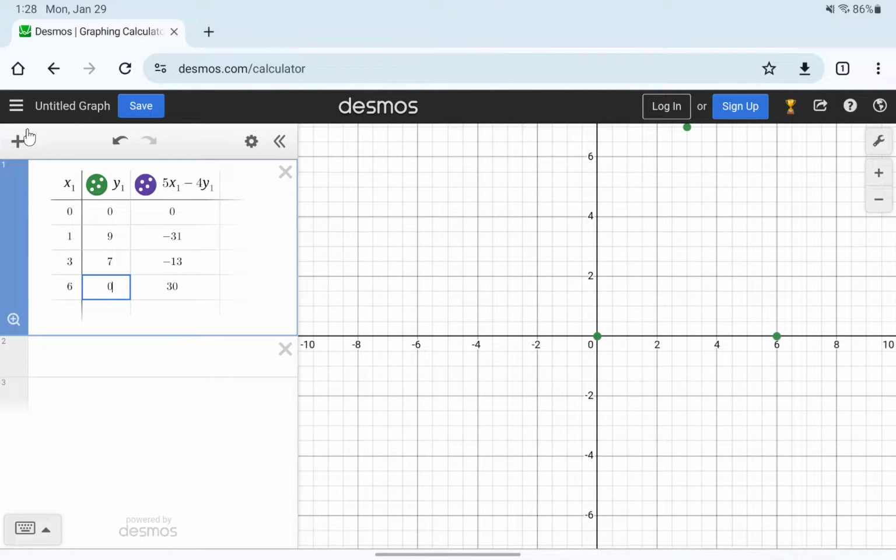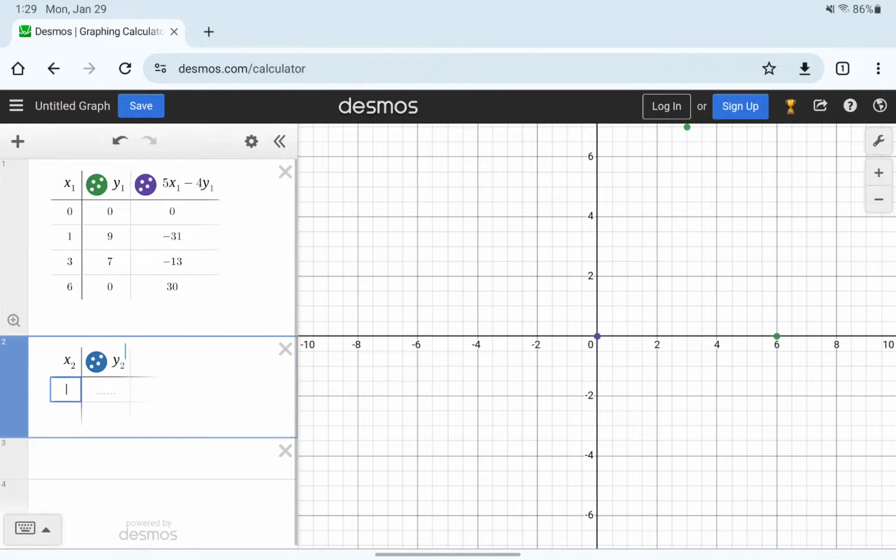Switching back to Desmos, we can create a new table. We'll add that third column, which in this case will be negative 2x2, since now we want to reference the x2 and the y2 columns in this table, plus y2.